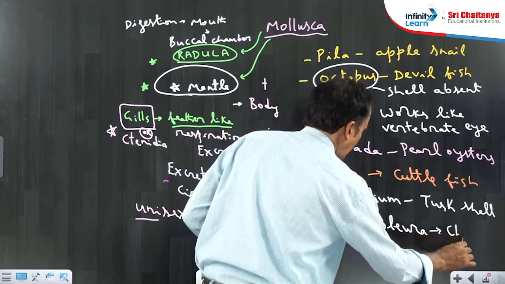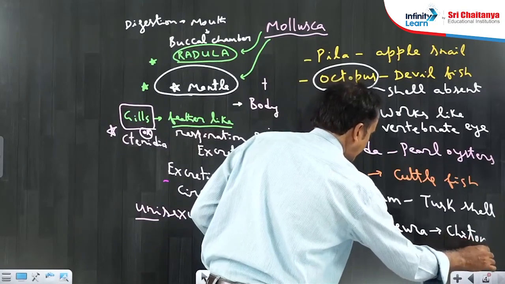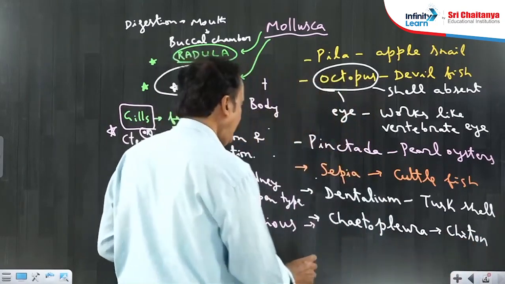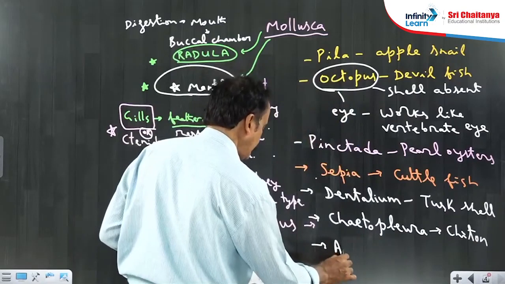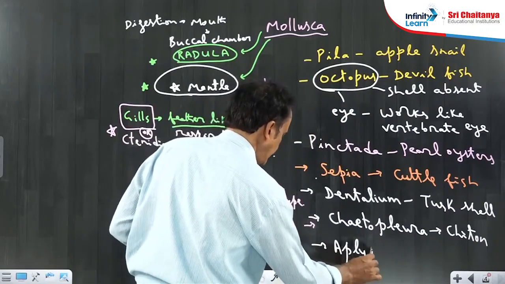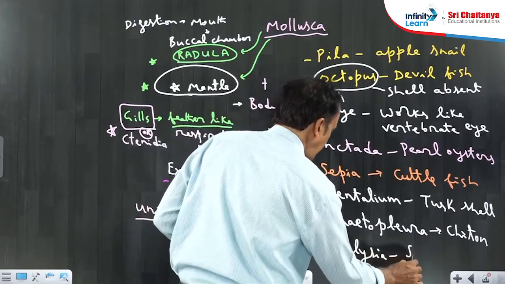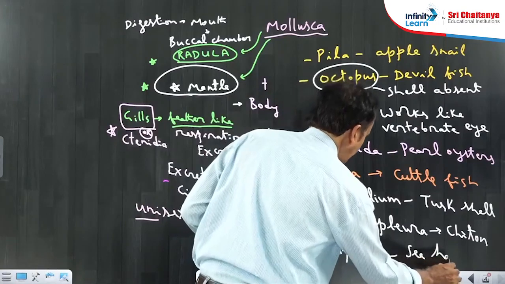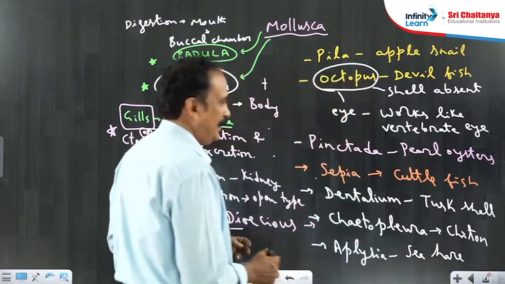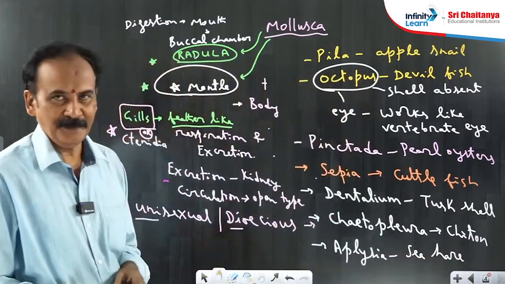Chaetopleura are commonly called chitons. Aplysia, this is commonly called the sea hare. These are all the examples given in NCERT.